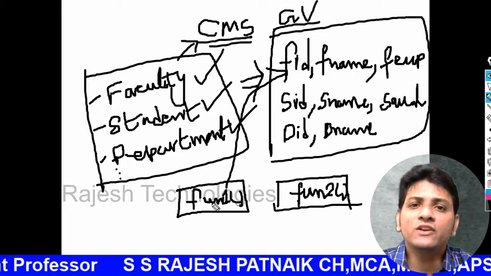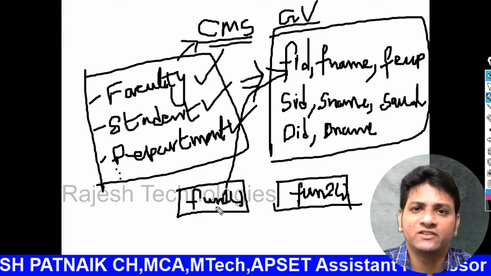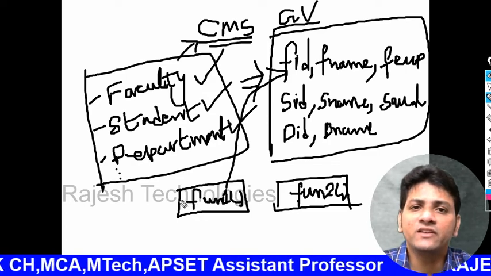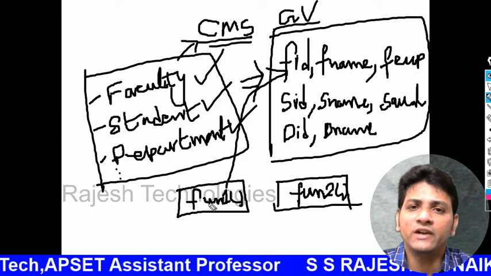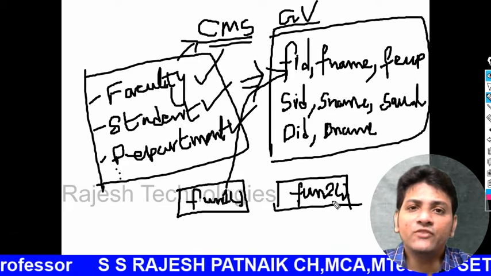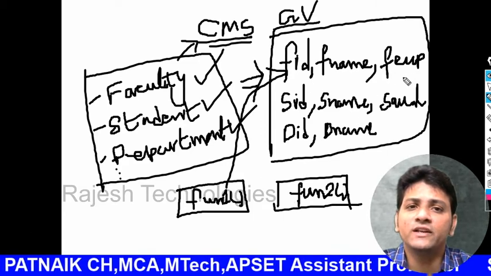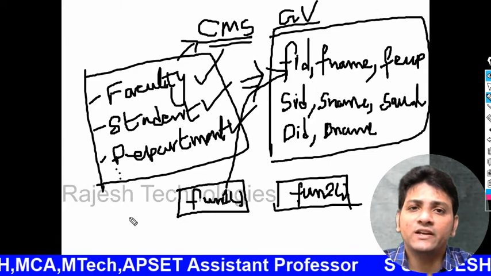I am saying function 1, but you can write it as accept faculty details. Accept faculty details is your function name, but simply I will write function 1, for example, as I am explaining. Similarly, function 2 is used to display the details of faculty.